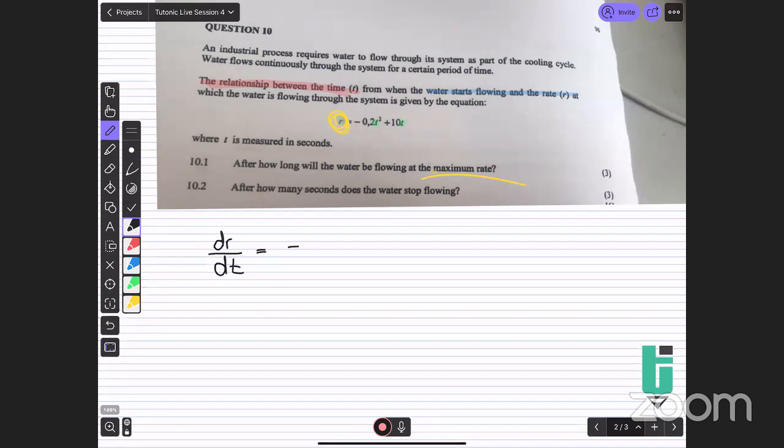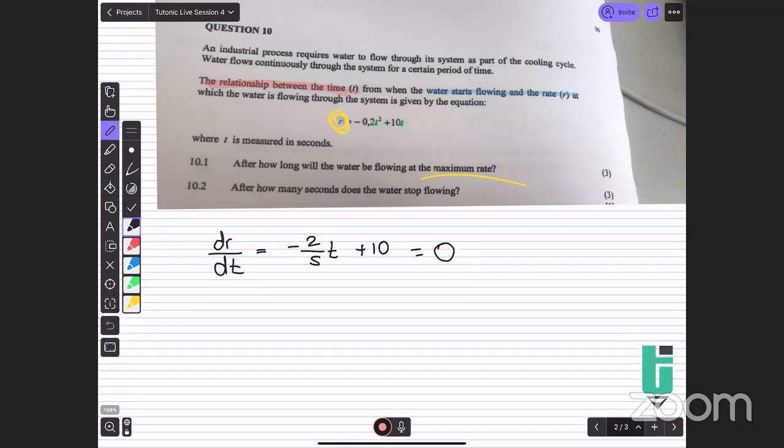So minus 2/5 t plus 10 equals 0. Yes, because you want the maximum, so you make the derivative equal to 0. So what can we do now?